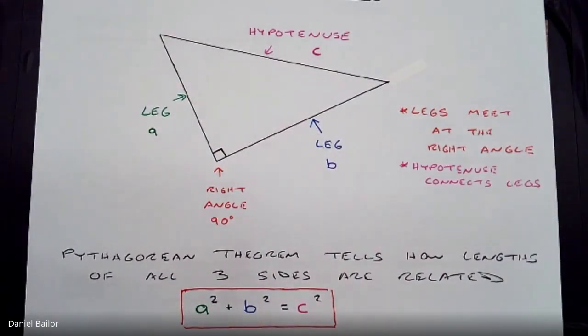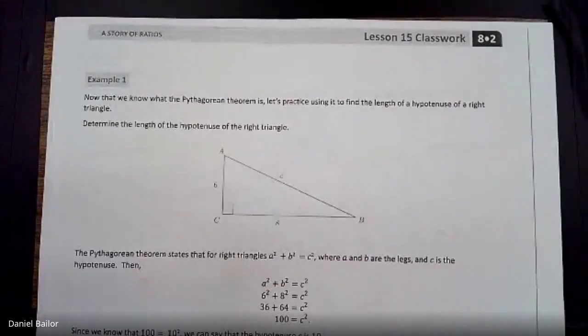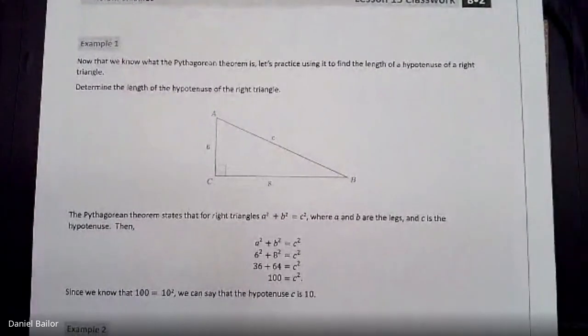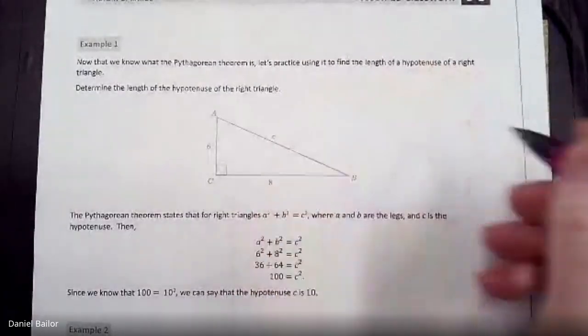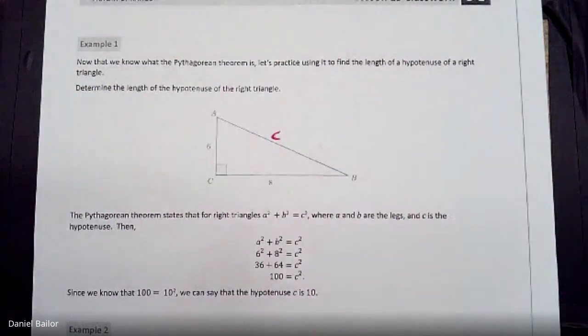Now let's do a couple examples using the Pythagorean theorem so you can see how this works. Let's leave our notes for a minute and go to page 165, example number 1, where it says, now that we know what the Pythagorean theorem is, let's practice it to find the length of the hypotenuse of a right triangle. So in this triangle ABC, there's the hypotenuse right there.